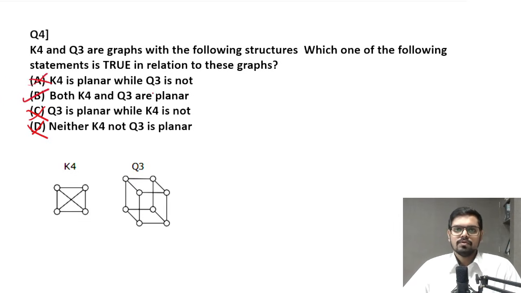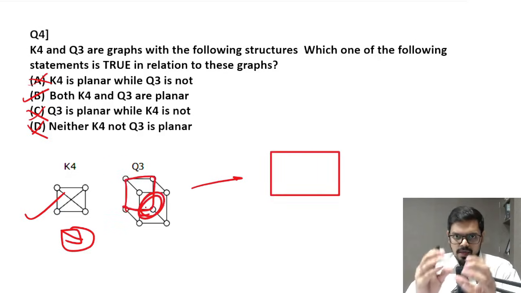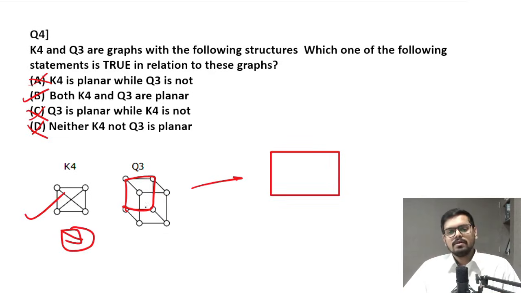But do not worry, if you do not know the lecture notes, then we can prove it in the exam. Check, you can draw this graph such that no edges are overlapping. So it is planar. See, we have a square at the back and this front square, make it small and punch it to the backside.